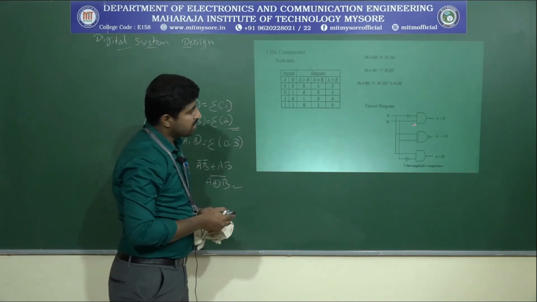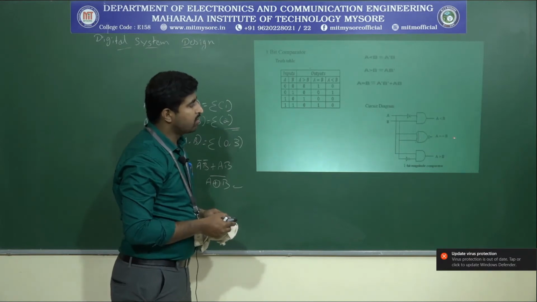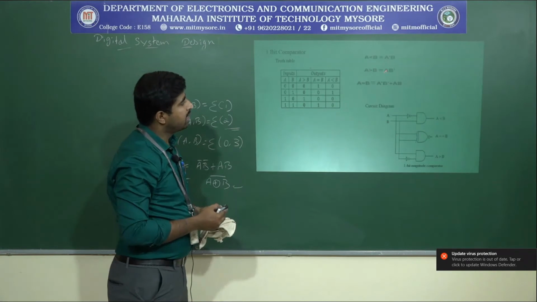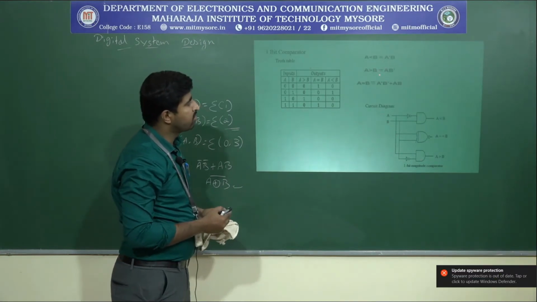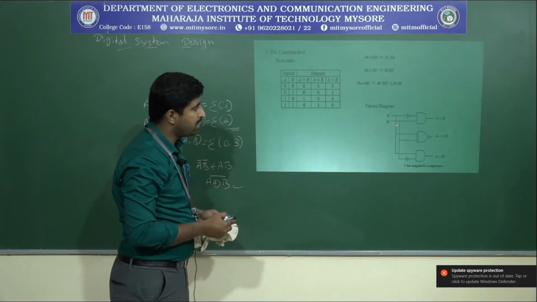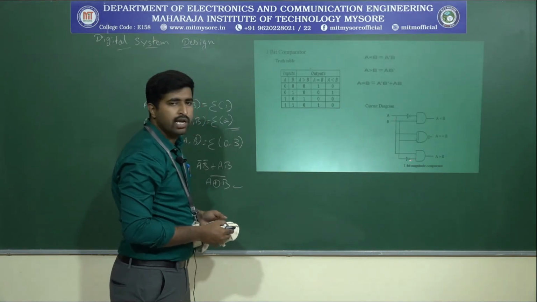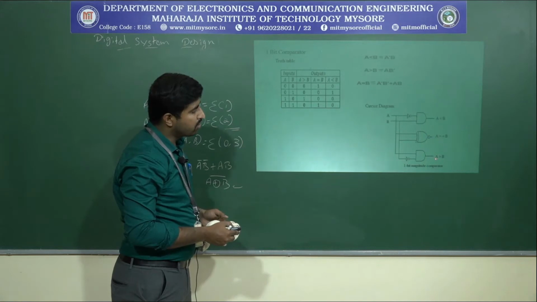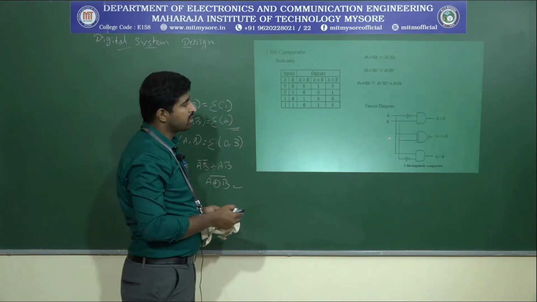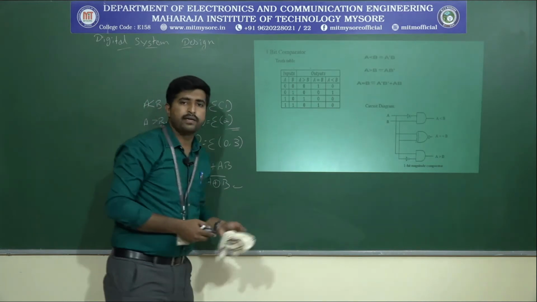So here we implemented A equals B by using the XNOR gate. And then A greater than B equals A B bar. So we take the A data line and B is complemented and given to the AND gate, and that gives A greater than B. So this is the logic circuit for a 1 bit comparator.